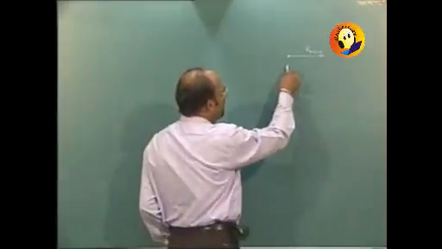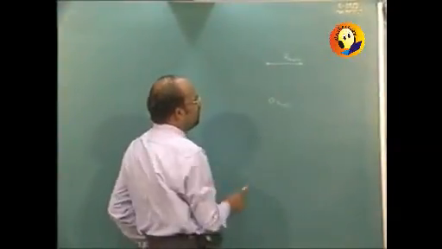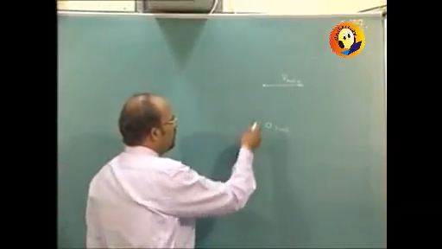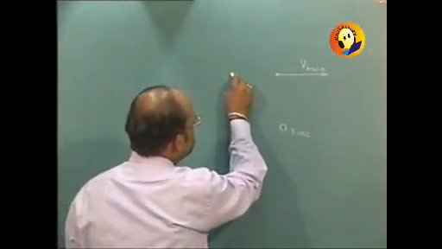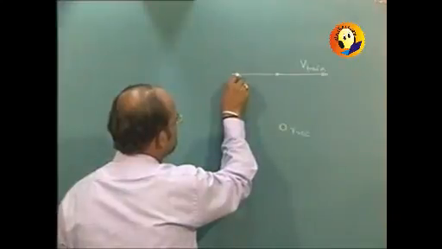Now, when we place ourselves in the train, then what happens is with respect to us, the velocity of the train becomes 0. Now, if velocity of the train is to become 0, we will have to apply equal and opposite velocity so far as the vectors addition is concerned.